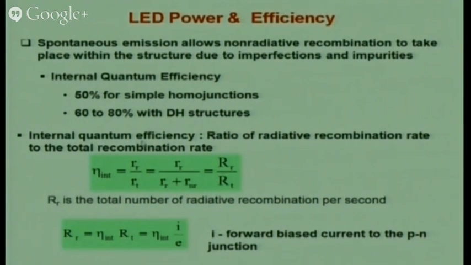Then one defines the internal quantum efficiency, which is the ratio of radiative recombination rate, that means how much recombination produces light, to the total recombination rate, which carries the heat as well as light. So that gives me RR into RT.